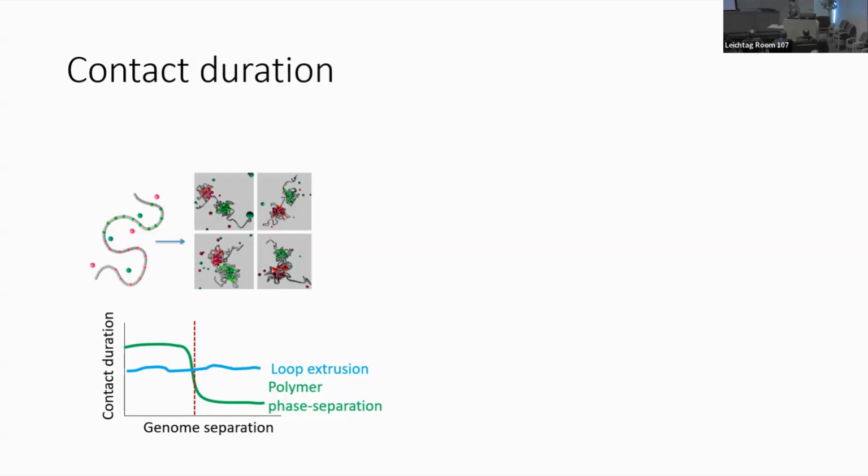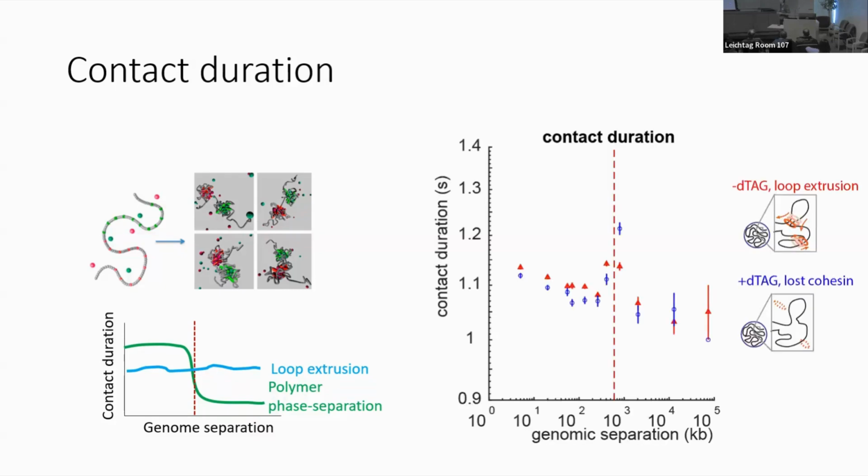So do we see a signature of that in the contact frequencies? And no, we don't. On these domains, the contact duration is typically on the second scale. There's no systematic effect on either side of the border. This first point, for example, immediately aside the border is ever so slightly longer lived for reasons we don't understand. Overall, it's pretty flat.